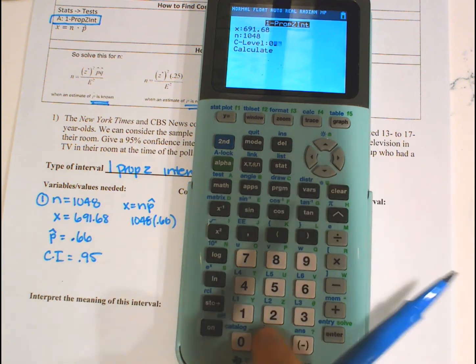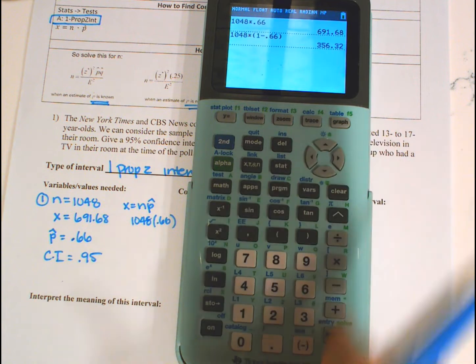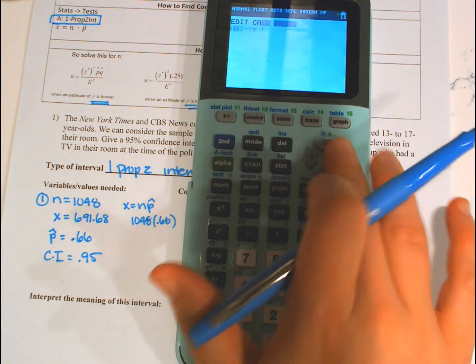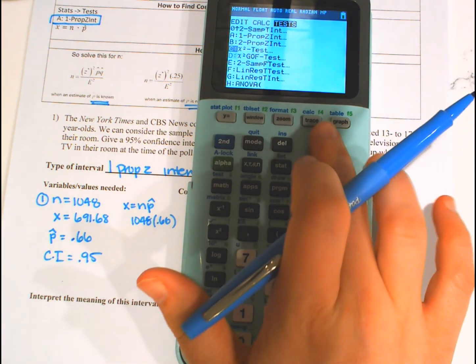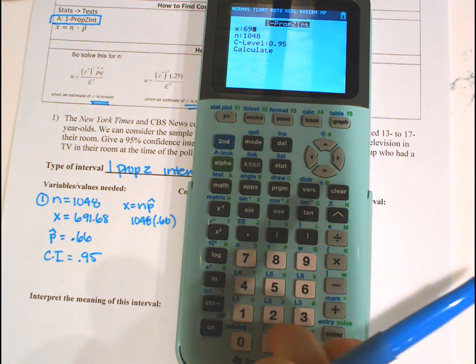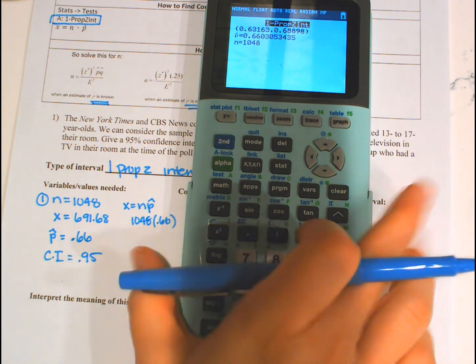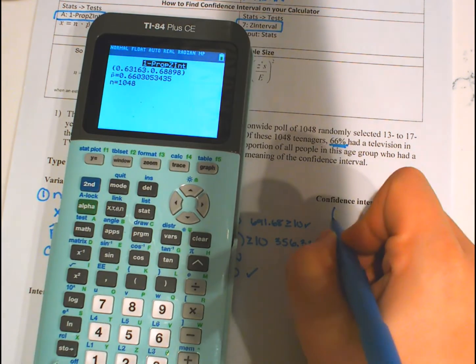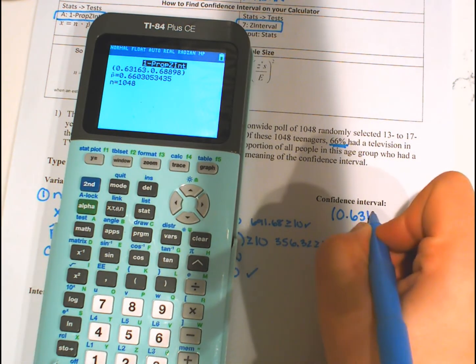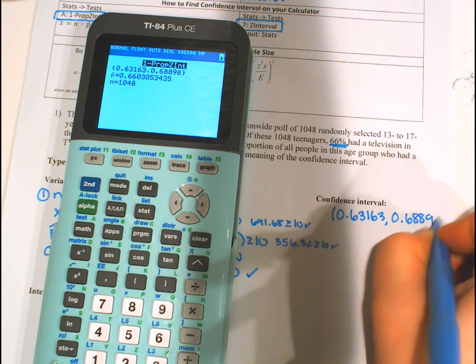And we want a 95% confidence interval. Oh, I forgot, your calculator does not like to run this test with decimals. So I actually need to just round this to 692. My apologies. So now I get that my confidence interval is 0.63163 to 0.68898.